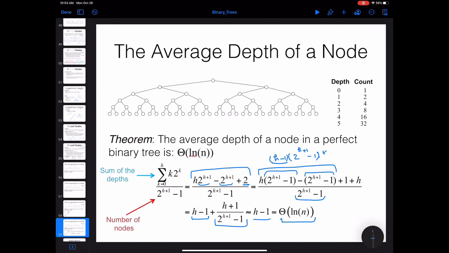Because we already know that this term is going to approach 0, because the denominator is way bigger than the numerator, if h is going to approach infinity, if the number of nodes is approaching infinity. So this term will disappear. You will just end up with this term, and we already know that h is in theta of log of n, right? So in total, I can say that the average depth of a node in a perfect binary tree is going to be theta of log of n.